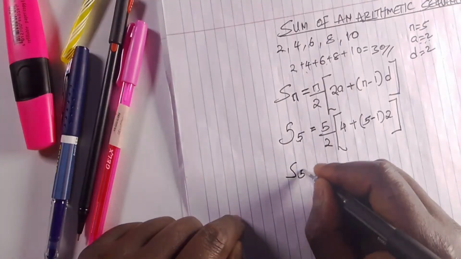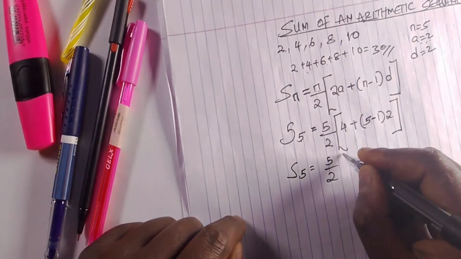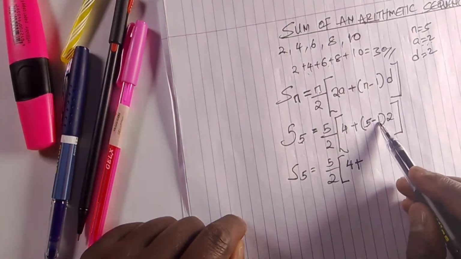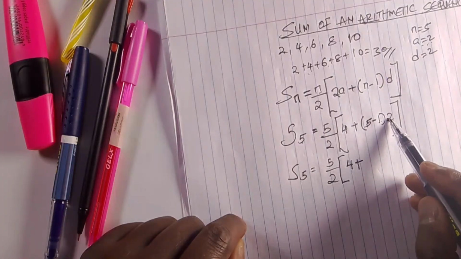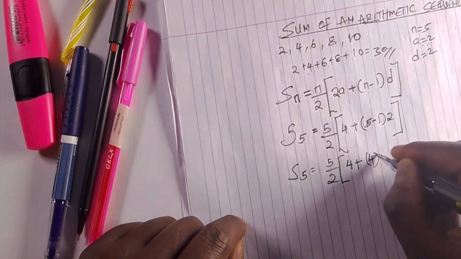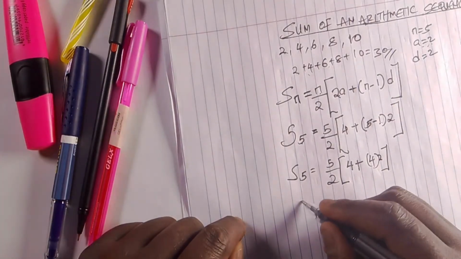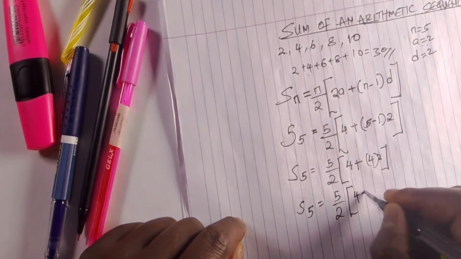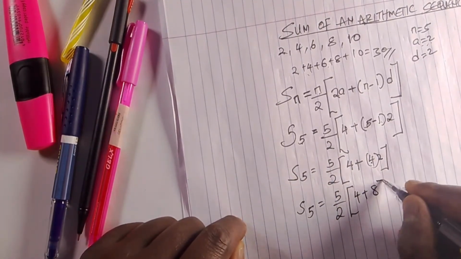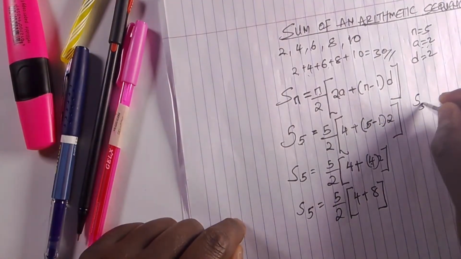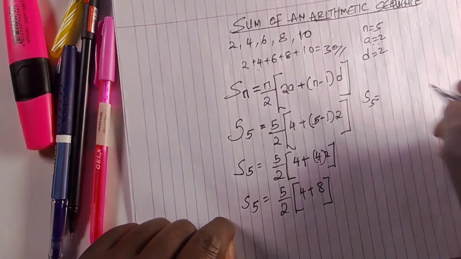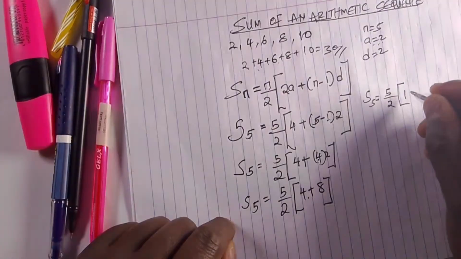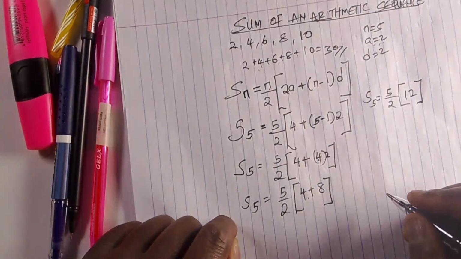So the sum of 5 is going to be 5 over 2 into brackets 4 plus 5 minus 1 is 4, 4 times 2 is 8. Then we close. So the sum of 5 is equal to 5 over 2 into brackets 4 plus 8, which is equal to 12.